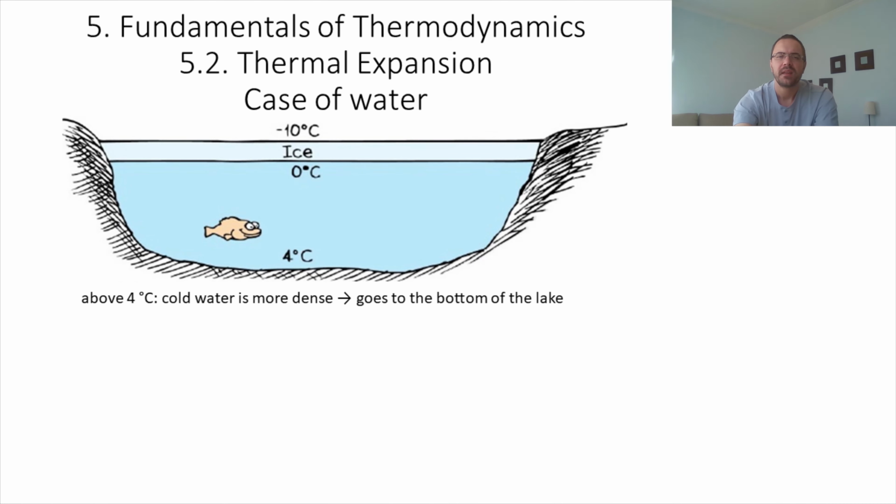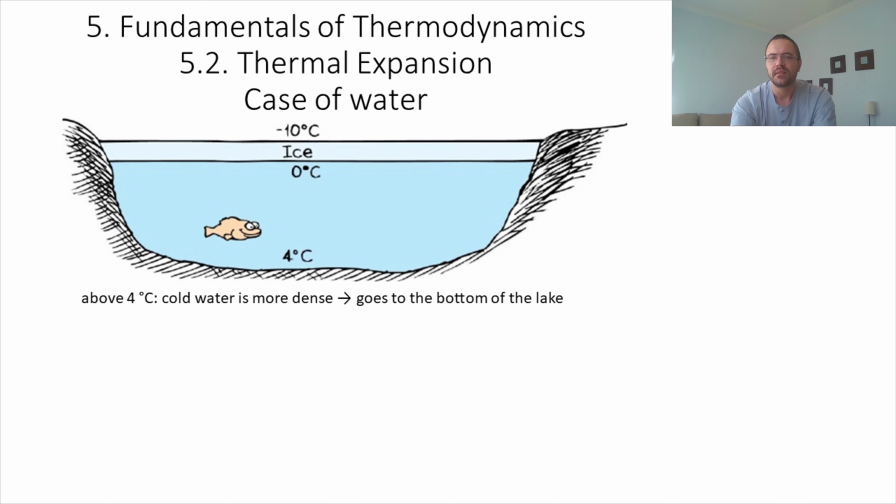In winter, the air gets colder and cools down the water. And as the water cools down, it contracts as most materials do. So it becomes more dense and it goes to the bottom of the lake. So the warmer water stays on top and gets cooled by the cold air again. And this continues until the temperature of the lake reaches 4 degrees.